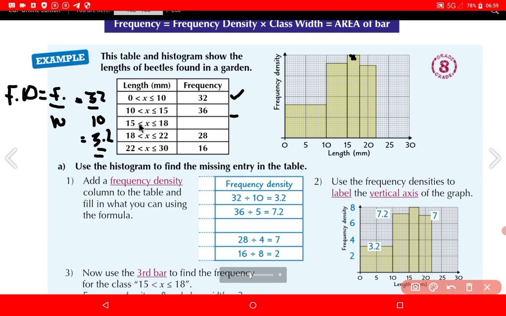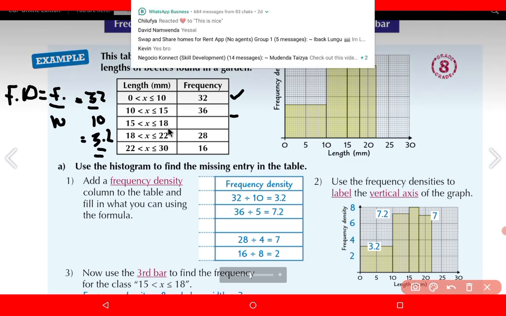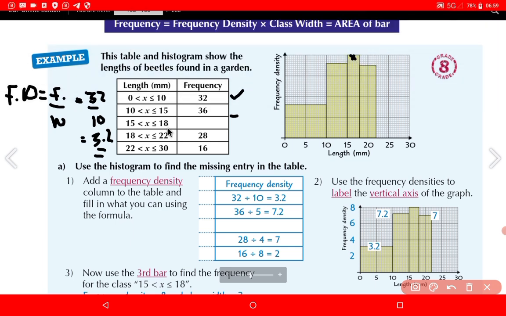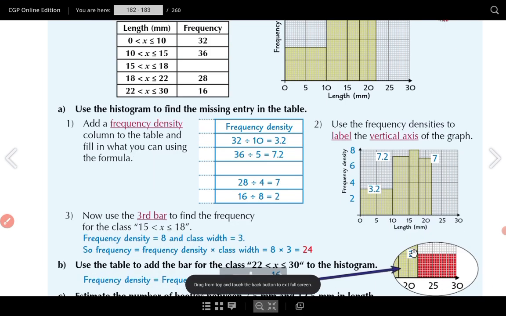How much does that give us? 15, 16, 17, 18. So this gives us 3. This means that from here to here it's just 3, so you just subtract 18 minus 15, and that gives us a 3.